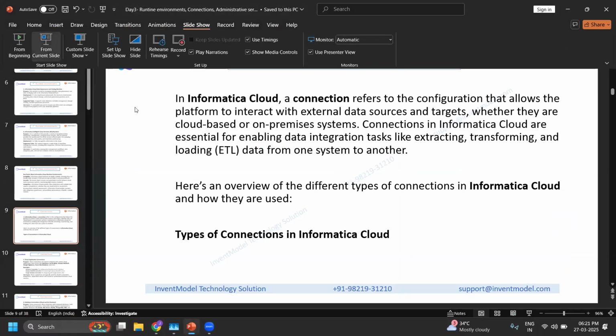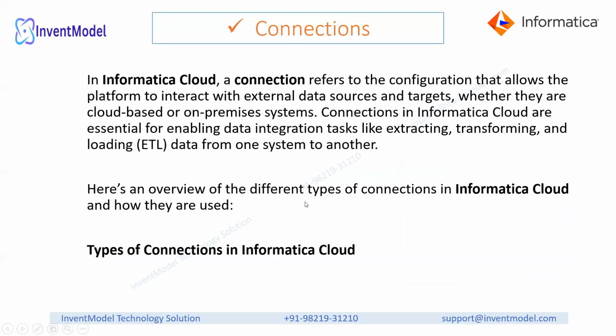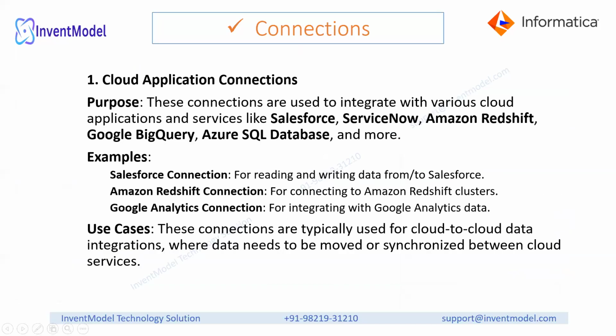Let's see the different connectors. What kind of connectors do we have? The first type is cloud application connections. These connections are used to integrate with various cloud applications and services, like Salesforce, ServiceNow, and Amazon Redshift.